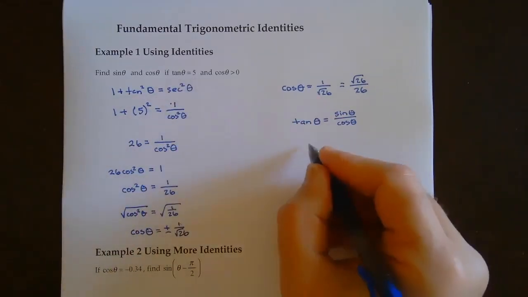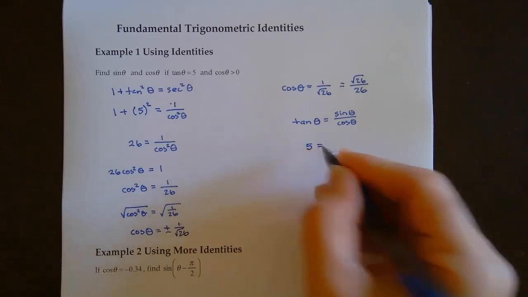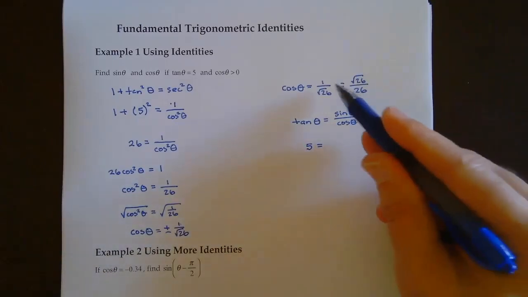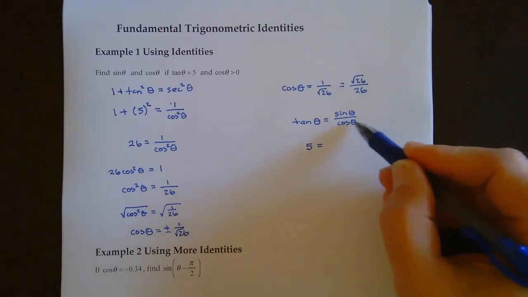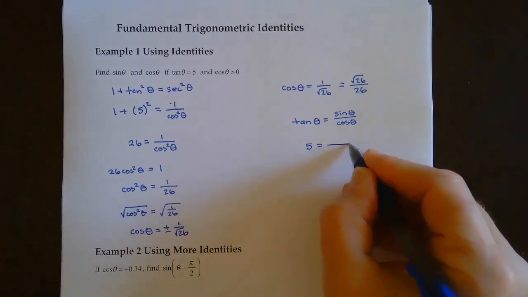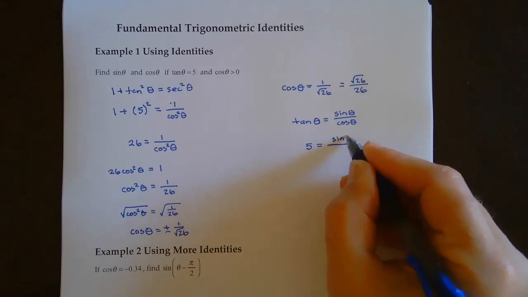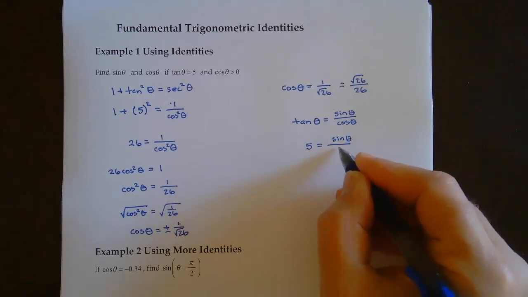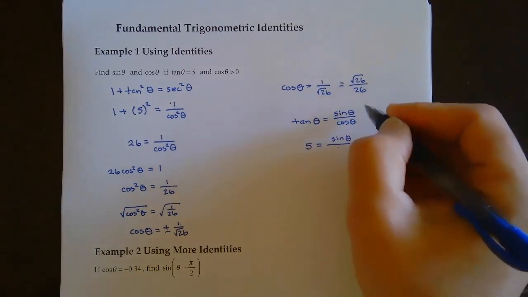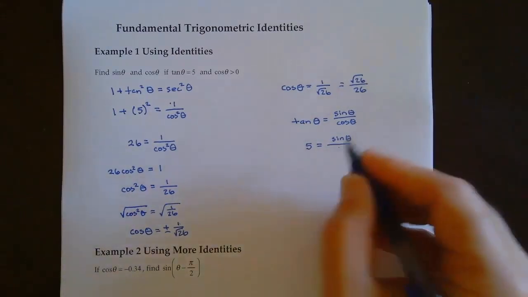It's 5. And I now know what cosine theta is. It's 1 over the square root of 26. So this is sine of theta over 1 over the square root of 26, or the square root of 26 over 26. You could actually do either one.